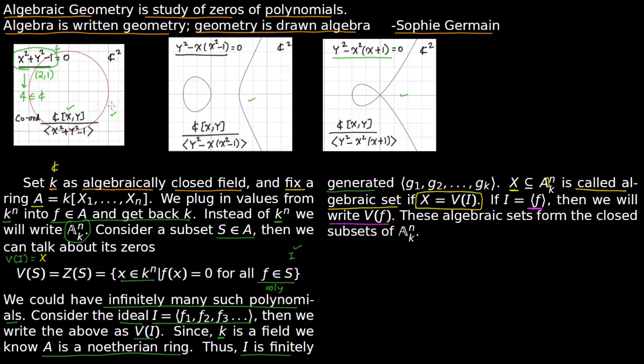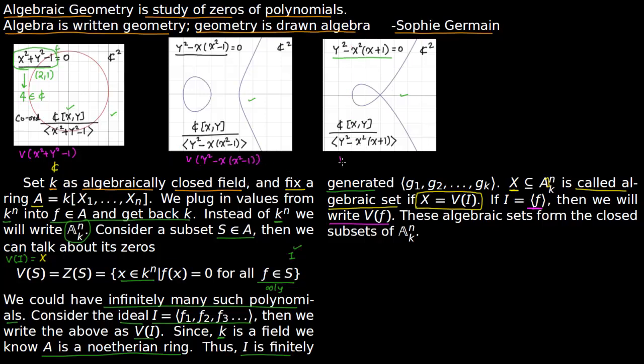Now all these three are examples of V(f). So this is V(x² + y² − 1). So this is an algebraic set. So this red circle is an algebraic set. Now this is V(y² − x(x² − 1)). This is again an algebraic set.